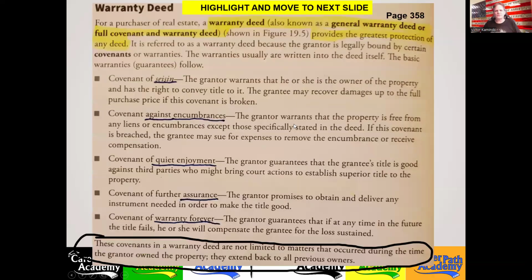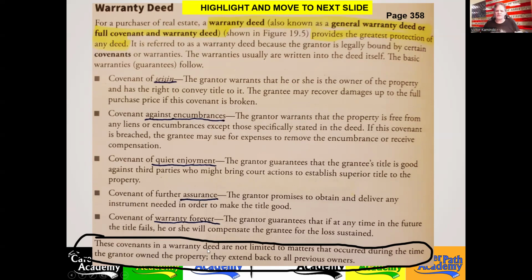So let's go over this warranty deed, also known as a general warranty or full covenant and warranty deed. It provides the greatest protection of any deeds. With it, they're giving the covenant of seisin, the covenant against encumbrances, quiet enjoyment, further assurance, and warranty forever.